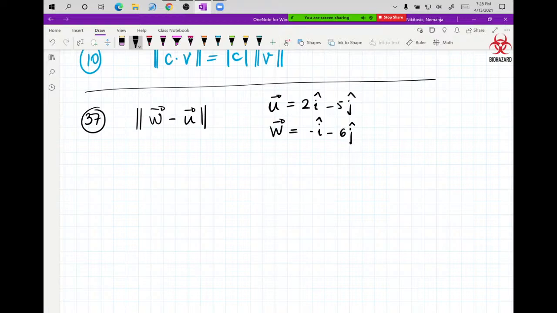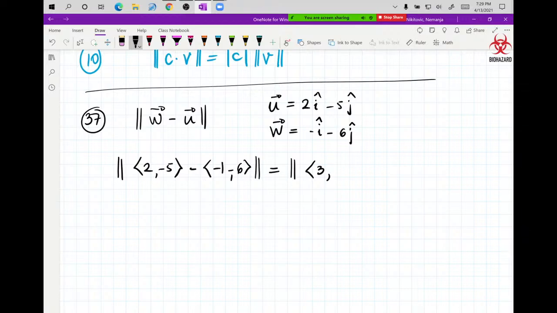Okay, let's take a look at the problem together. So we are looking for the magnitude of these two vectors. Now, if you don't like ij notation, that's okay. You can write it as 2, -5. I mean, it's less writing maybe. And then -1, -6. And now we subtract. So 2 minus -1 is 2 plus 1. That's a 3.